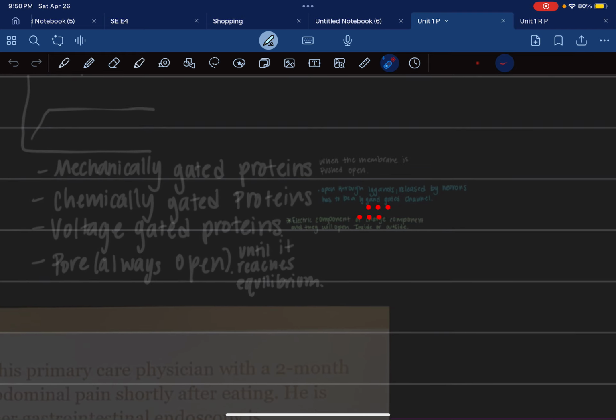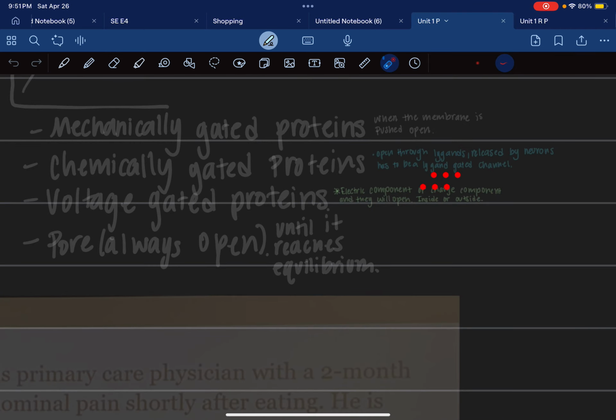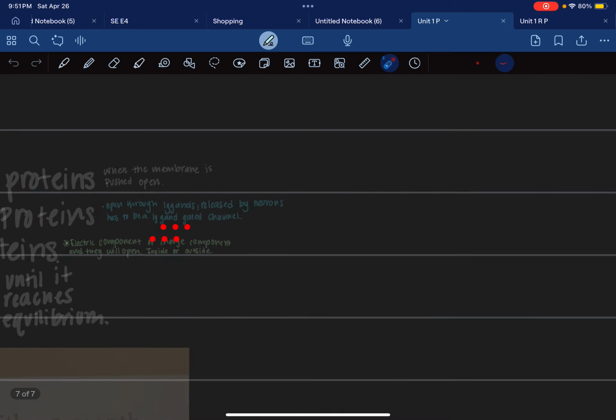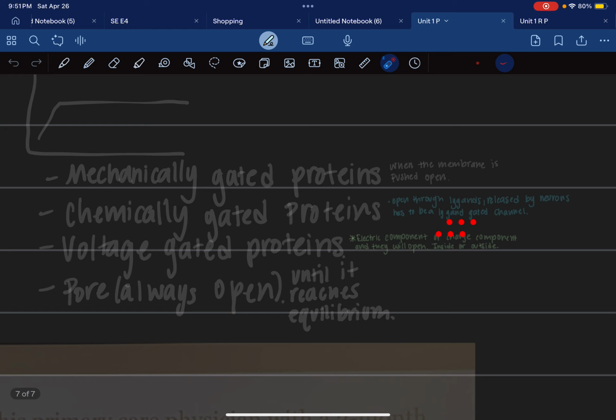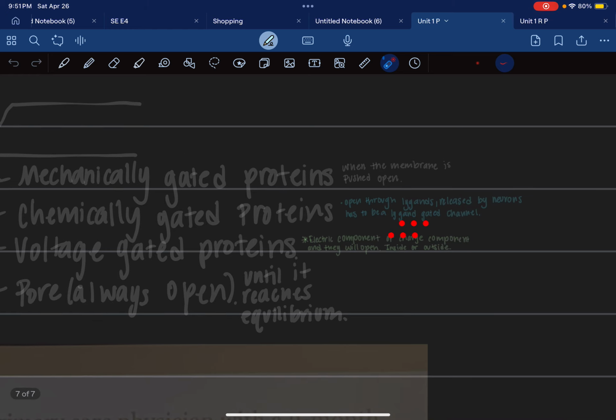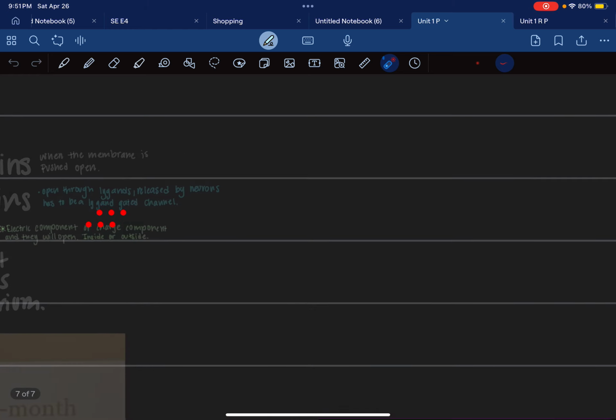Oh, and then these are important. The mechanically gated channels. So mechanically gated channels, let's say we have a membrane right here. This is like a thing. If the membrane is pushed or moved around, it opens or closes. Ligand-gated channels open through ligands.